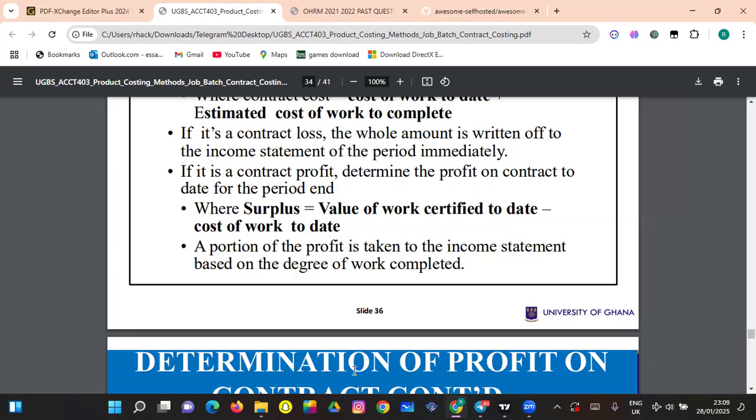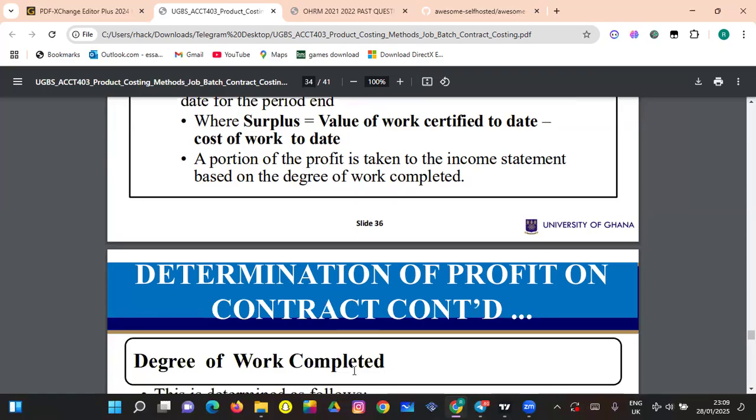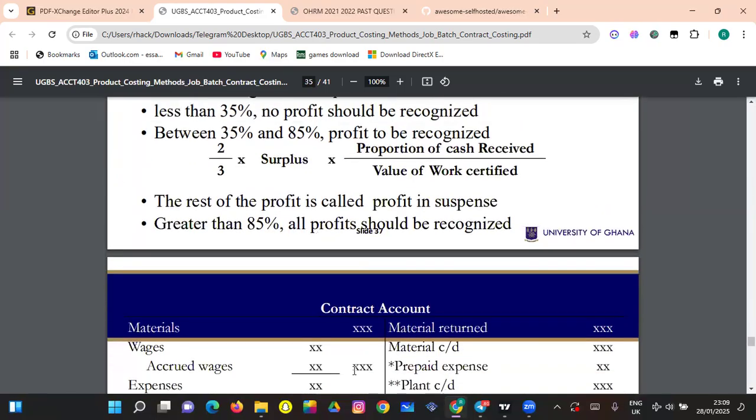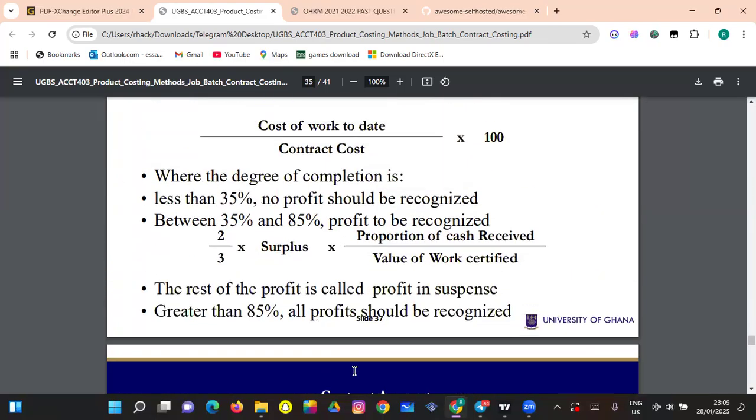A portion of the profit is taken to the income statement based on the degree of work completed. The degree of work completed is determined as cost of work to date over contract cost times 100. Where the degree of completion is less than 35%, we shouldn't recognize any profit.